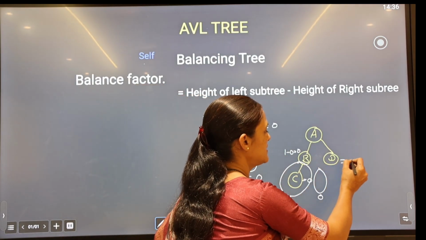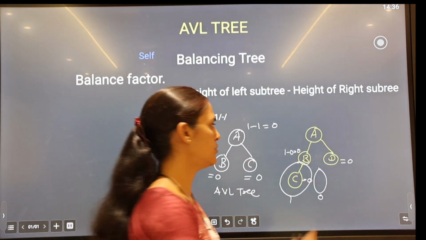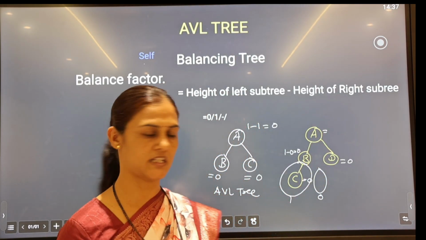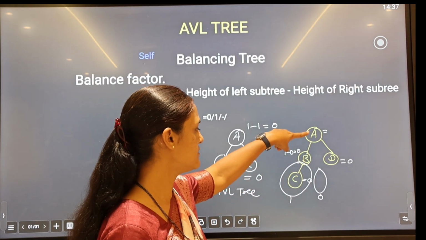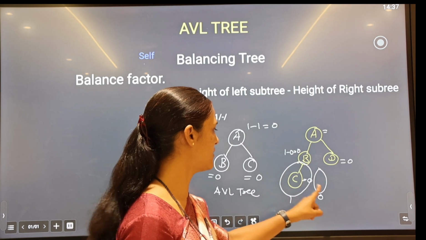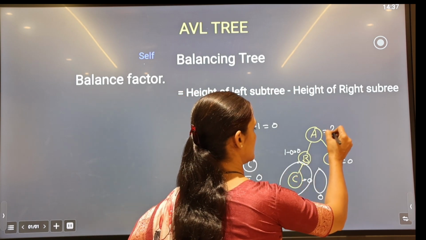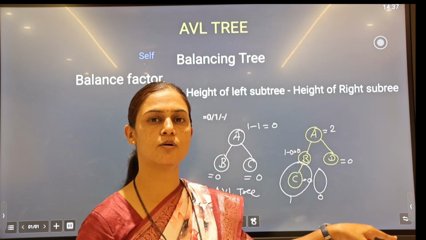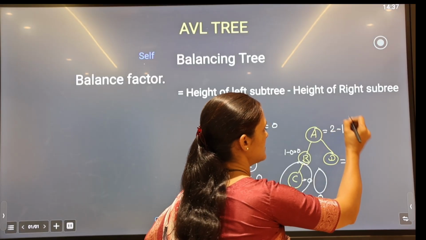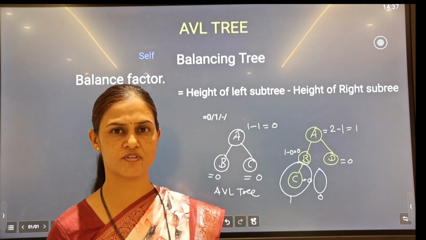Balance factor of D is again equal to 0 and now balance factor of A. So here balance factor of A, height of the left subtree is 2, level 1, level 2. So 2 minus height of right subtree, that is equal to 1. So balance factor of A is equal to 1.